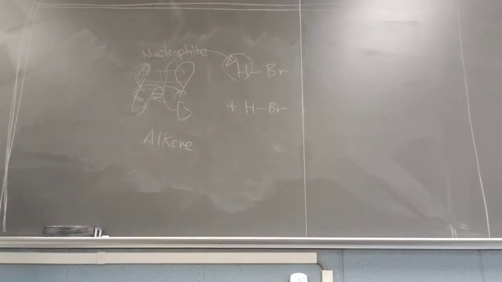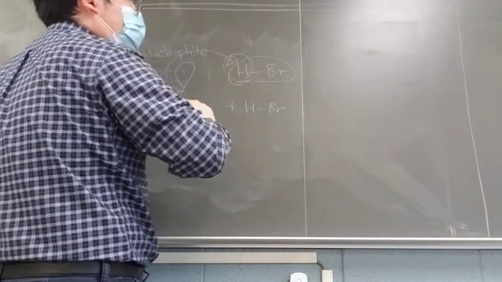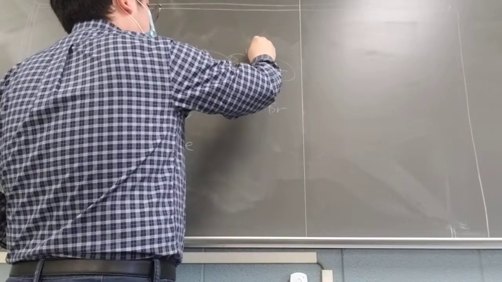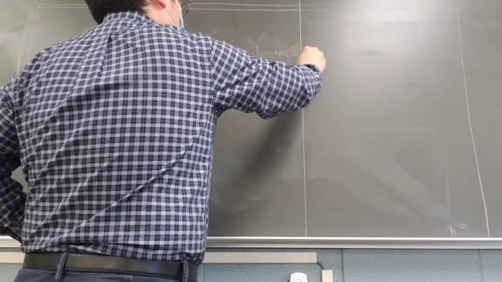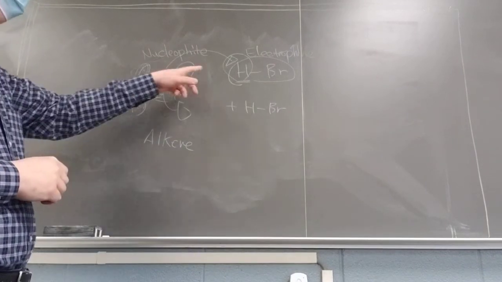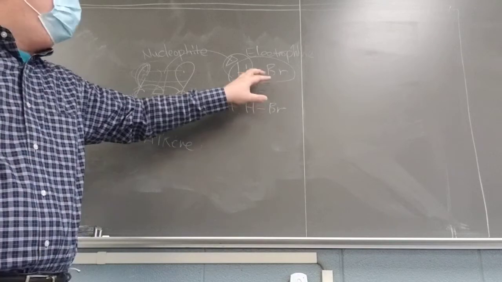Okay, so in this case, the hydrogen in the hydrobromic acid here will behave like an electrophile. Same reason here. It attacks the hydrogen. Can you guys guess why? Why would it attack the hydrogen, not the bromine?